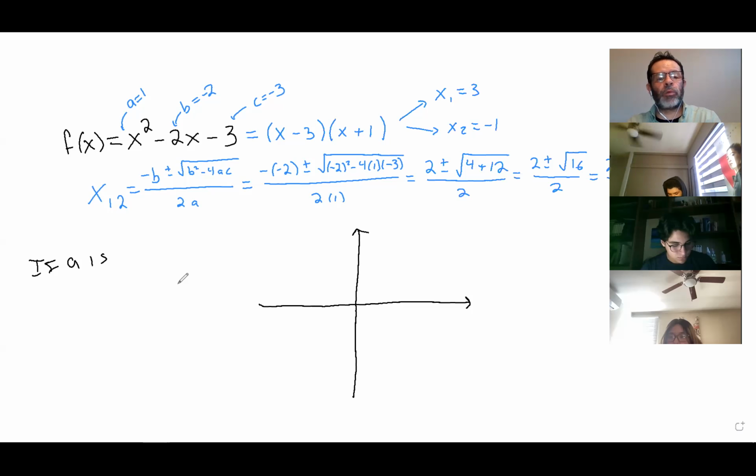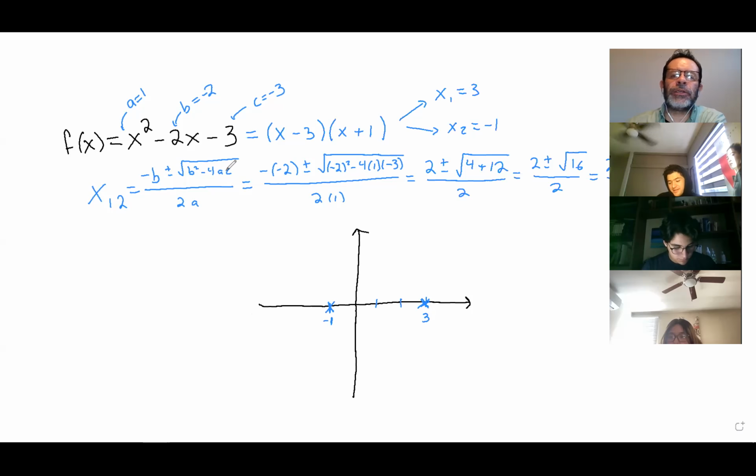Now, how do I know where to place the graph? Well, that's where the roots come in. The roots that we just found are going to be the intersections of the graph with the x-axis. So we're going to have one intersection here in -1, and another intersection here in 3.